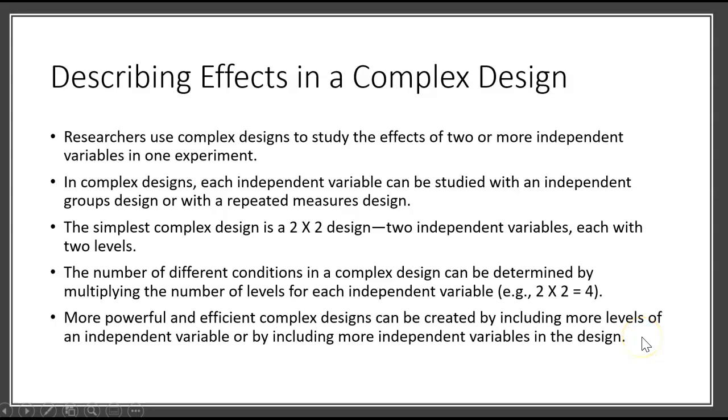So rather than doing 2 separate experiments in my lab, where one experiment looked at the impact of program type, and a separate experiment looking at public service announcements, instead I was able to combine them, use half as many subjects, and I had the added benefit of being able to test for an interaction effect.